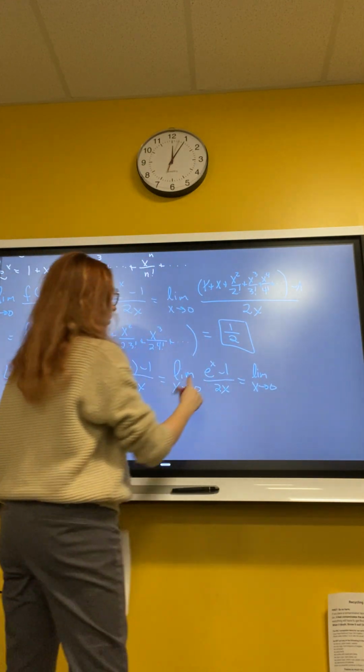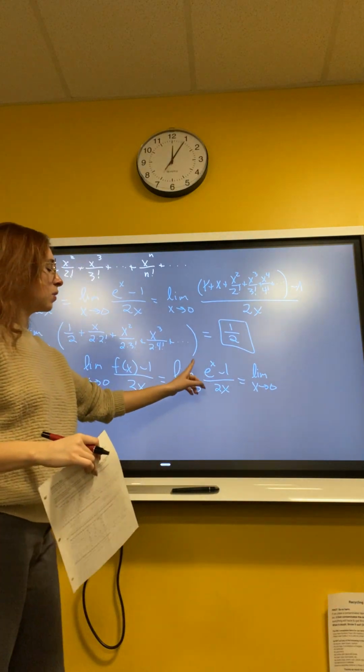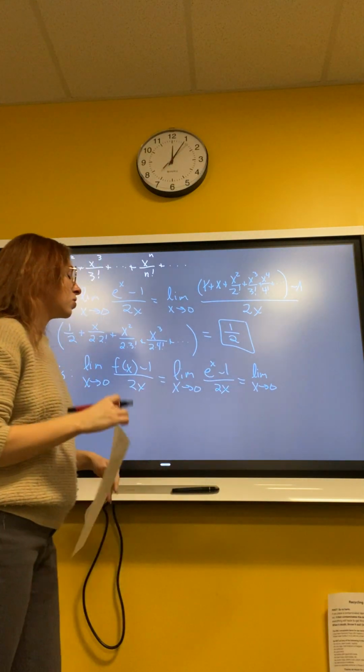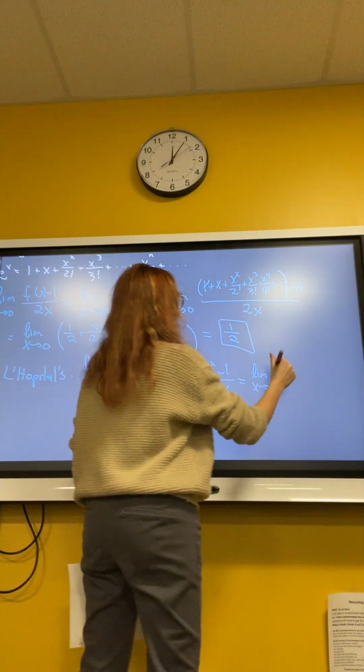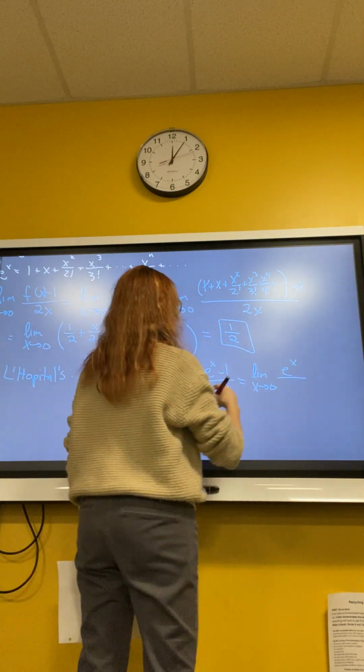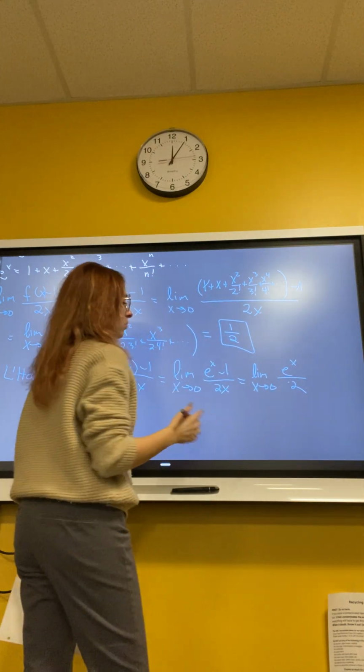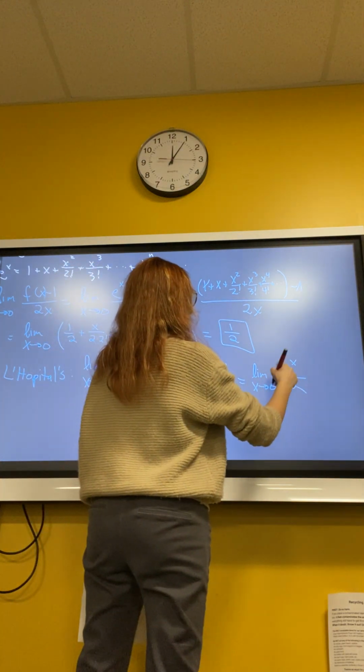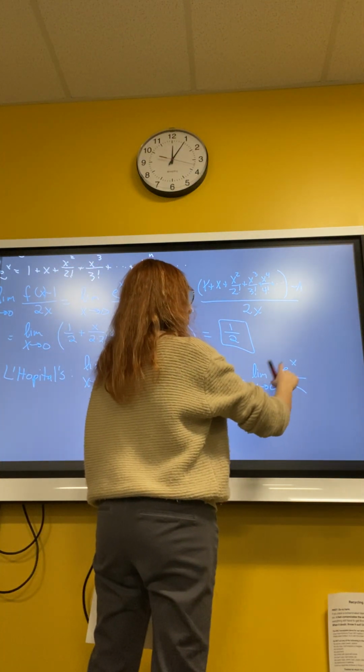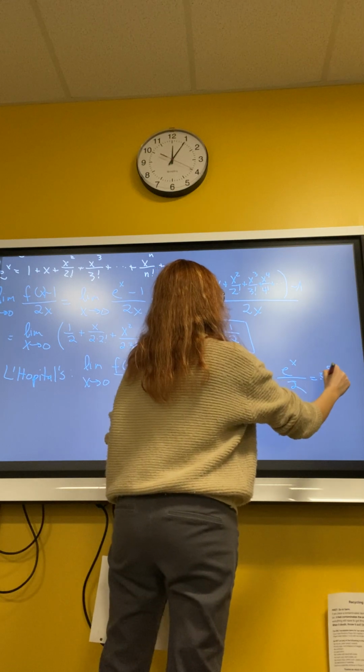When I plug in 0 here, e to the 0 is 1, so I get 1 minus 1 is 0 over 0. So I'm going to use L'Hopital's. What's the derivative of e to the x? e to the x. And what's the derivative of 2x? 2. So I end up with e to the x over 2. And now when I plug in 0, 1 over 2.